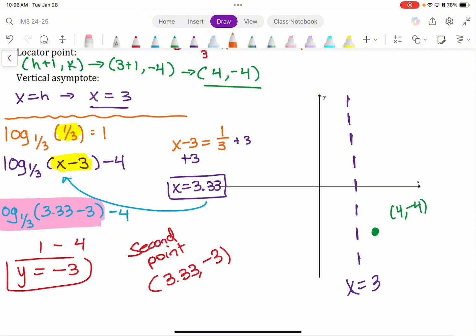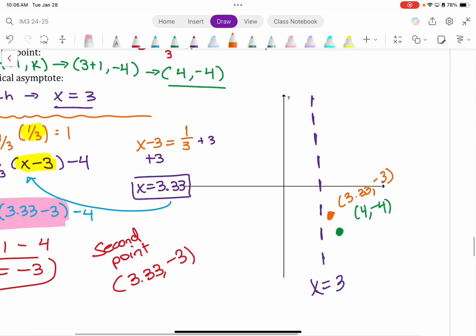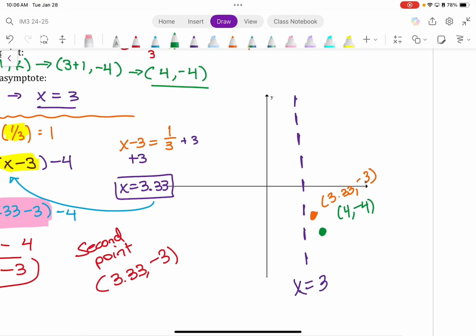Next, a point through 3.33 and -3. Finally, connect your points. And there you have it.